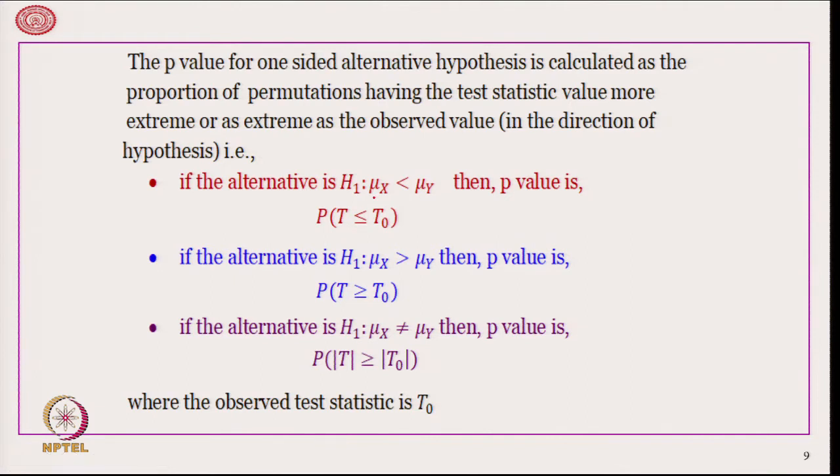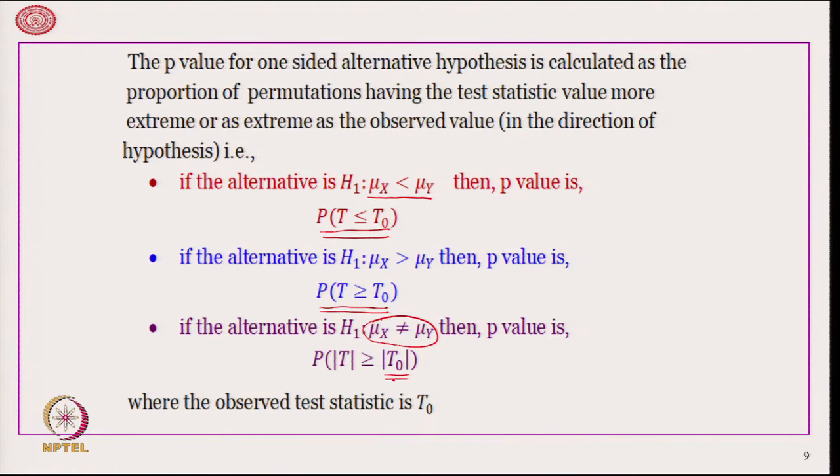Therefore, if the alternative is mu x is less than mu y, then the p value is probability t less than or equal to t naught. If the alternative is mu x is greater than mu y, then the p value is probability t greater than or equal to t naught. However, if the alternative is two-sided, that is mu x not equal to mu y, then we shall look at the probability of the absolute value of t being greater than or equal to the absolute value of the t naught that we have got.